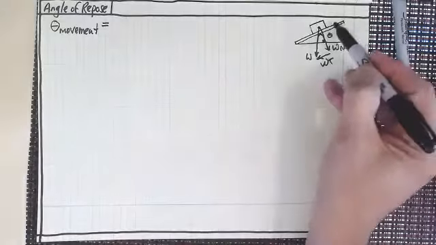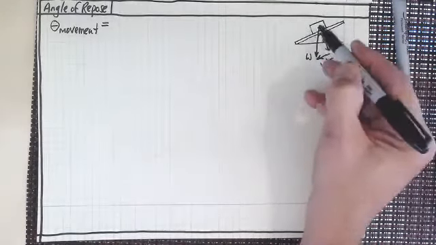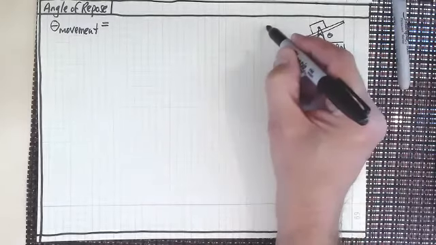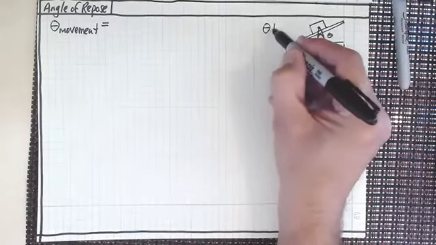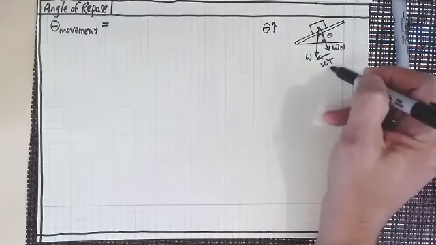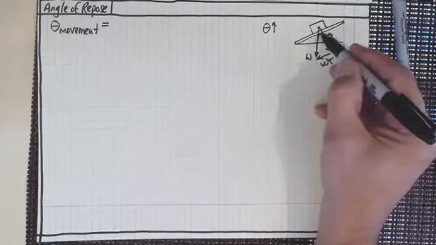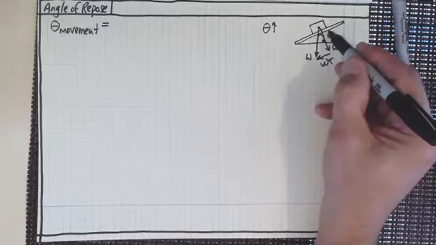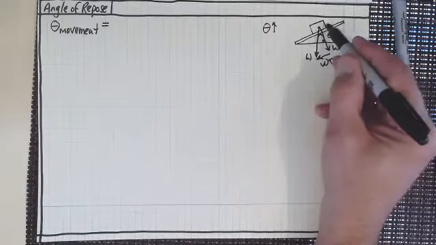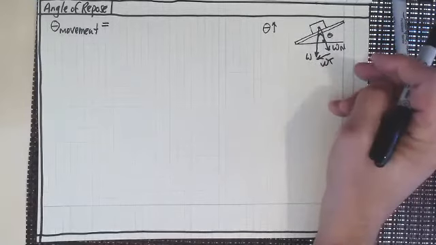As theta increases, W sub t is going to increase, and F sub r is going to keep increasing until it starts sliding down the hill.